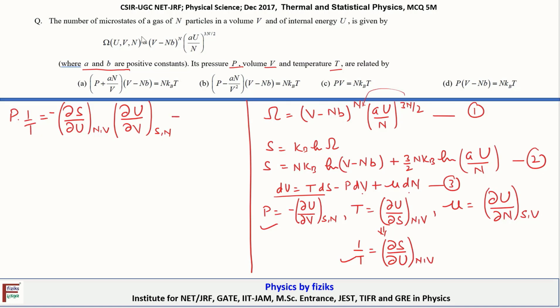Here we will make use of the reciprocity theorem, so the negative sign will disappear. This is equal to dS by dV, keeping N and U constant.